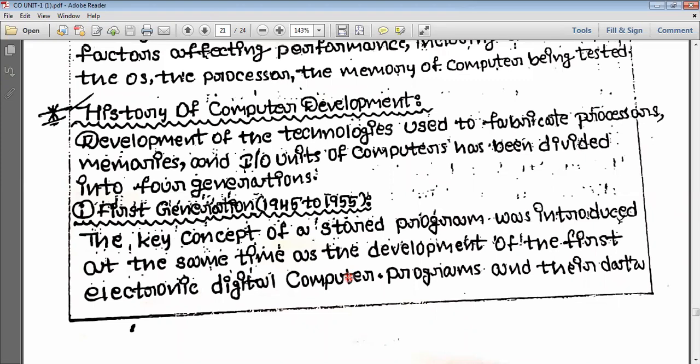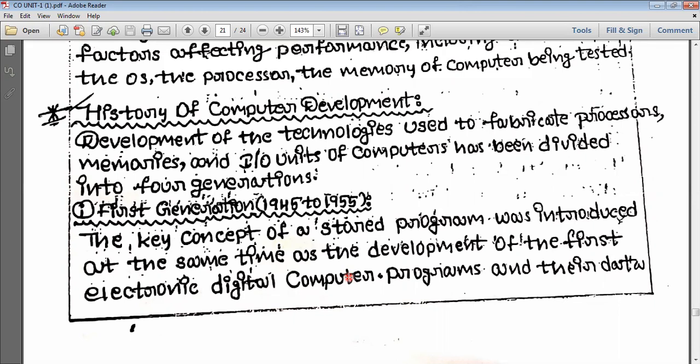Here, all the programs and data were located in the same memory, as they are today. Now the programs and data are both stored in main memory or cache memory. Like that only, in the first generation also, all the programs and data are stored in the same memory.